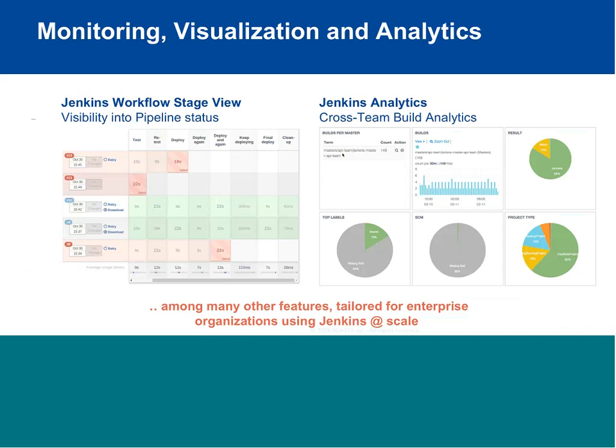In addition, you have the monitoring, visualization, and analytics that allow you to look across your build jobs and across your teams to manage and maintain not only your Jenkins performance, but also adoption of your CI and CD practices.